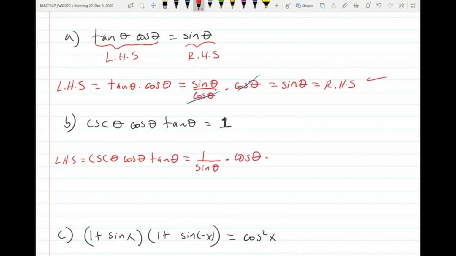And tangent is the same thing as sine over cosine. Now again, it becomes pretty simple. We see that the sines cancel out, the cosines cancel out, so we are left with 1, which is indeed the right-hand side. So again, very good. Questions?